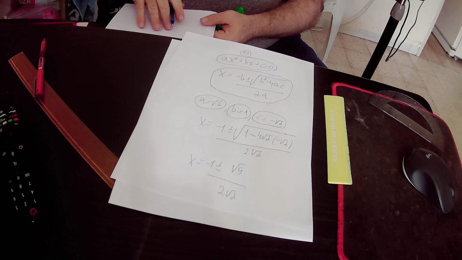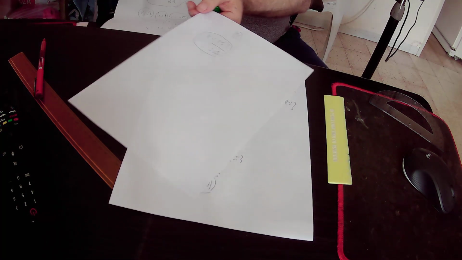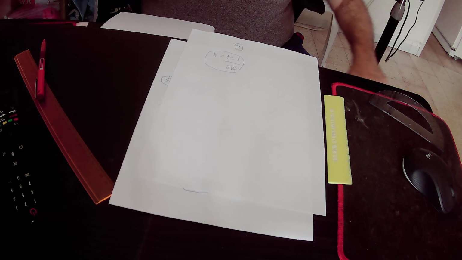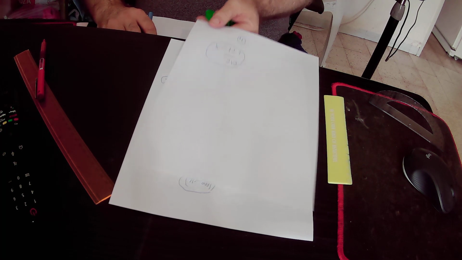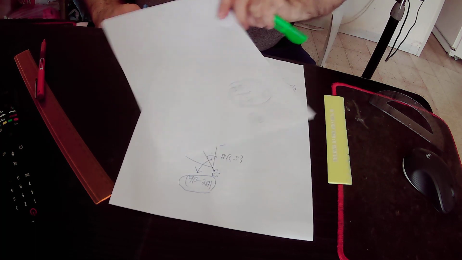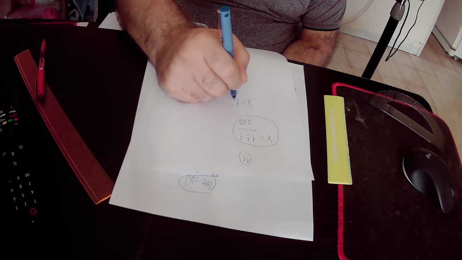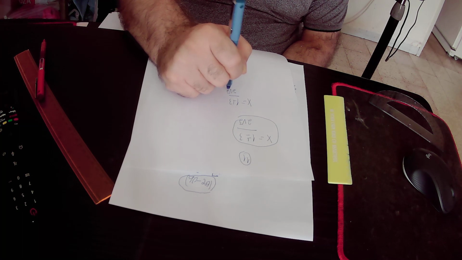Okay, we will have here two solutions for x, because x equals 1 plus minus 3 over 2 times root 2. So the first solution will be x equals 1 plus 3 over 2 times root 2.